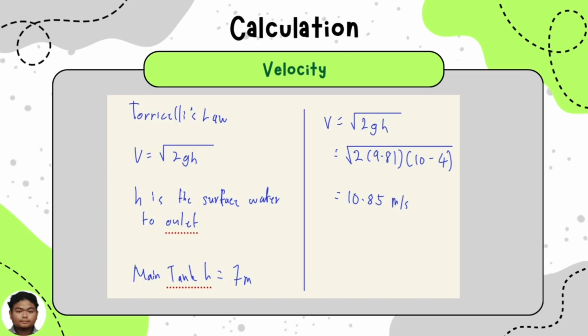For this, we take the outlet height, which is 4 meters, and the main tank is 7 meters. Then we put these in the equation and we got 10.85 meters per second for the velocity.